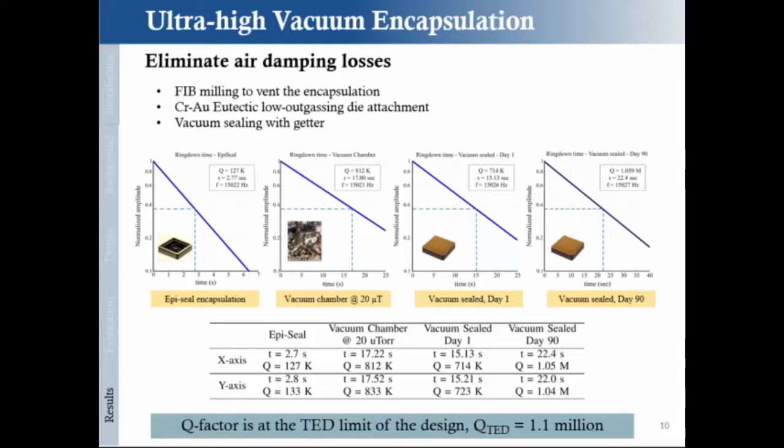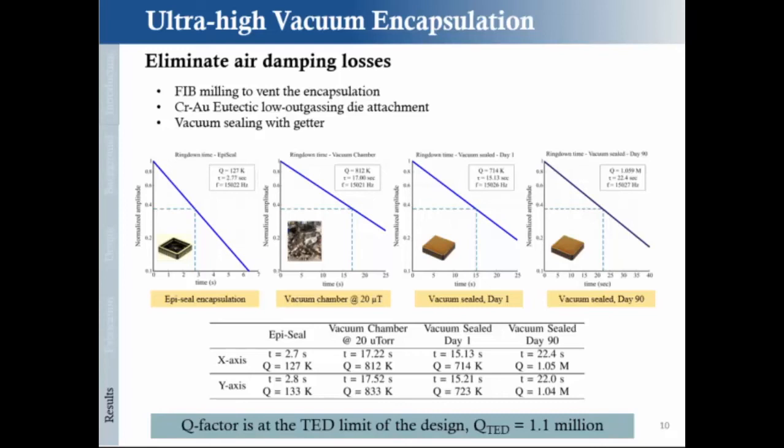Then we said, okay, we can't really do much experimentation while developing the vacuum chamber. So we engaged our SST vacuum package process with getter activation. We sealed it and activated the getters, and on the day of the vacuum packaging, the quality factor was on the level of 714,000.